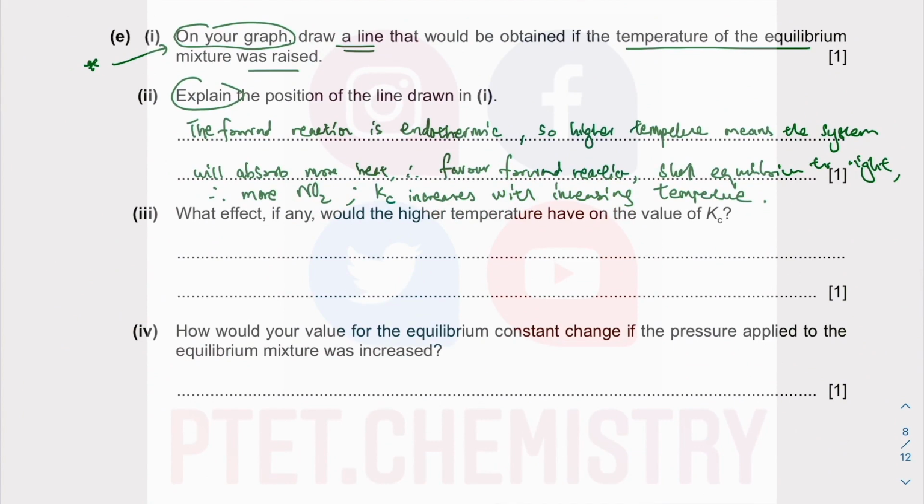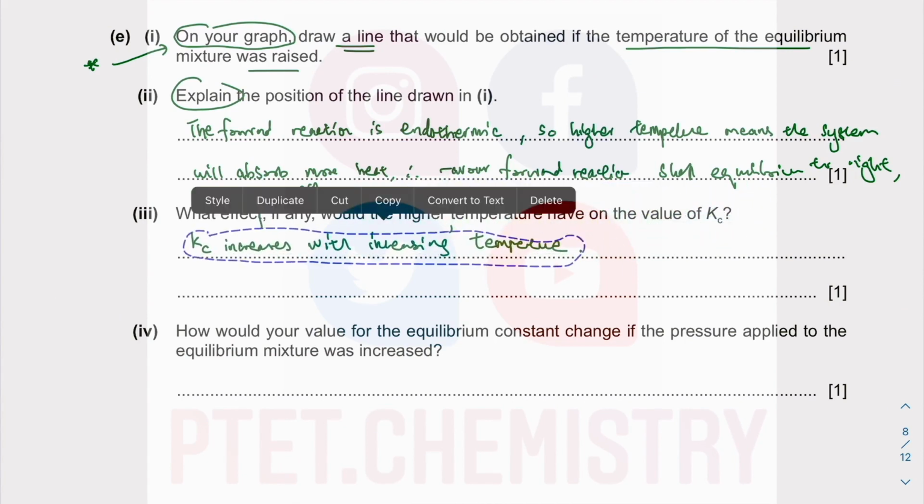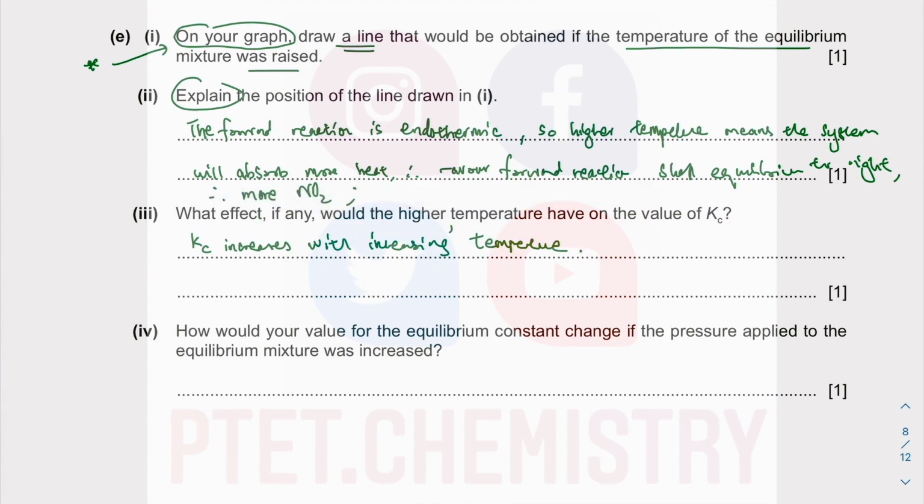So I think the next part is, what would the higher temperature do on the value of Kc? I think I have put it in the previous question, so I will move that over here so that I don't have to write it again.